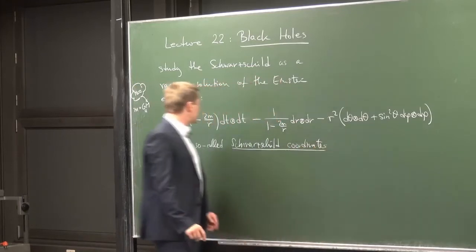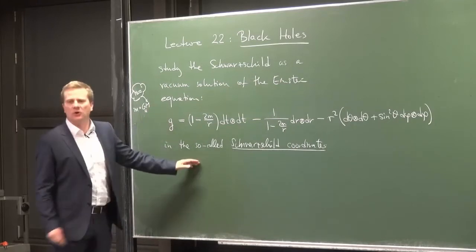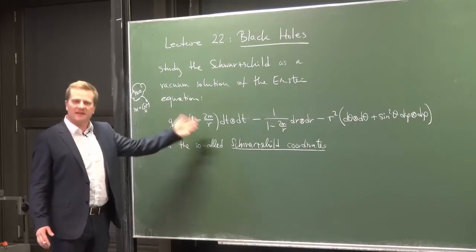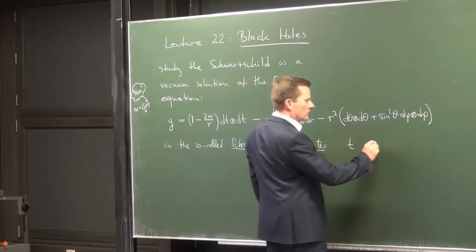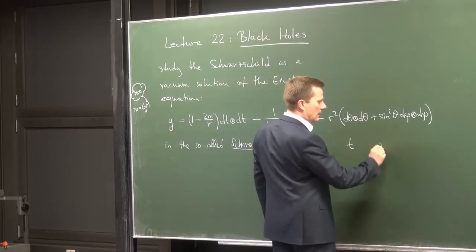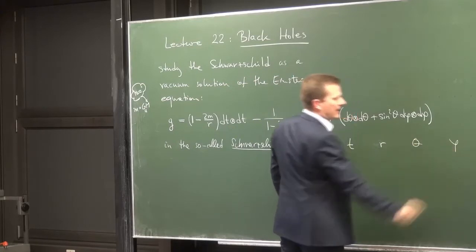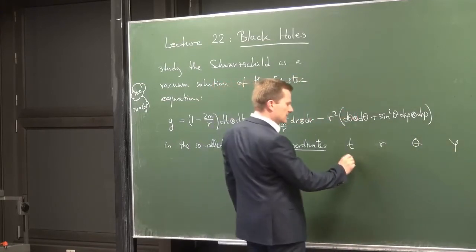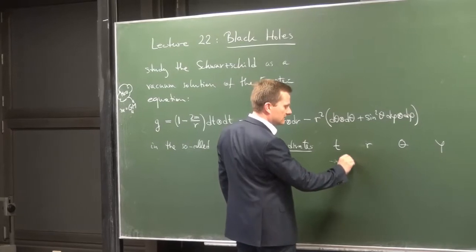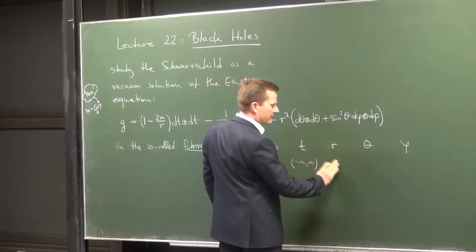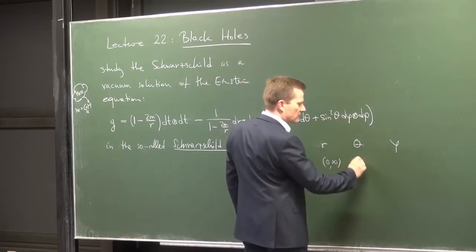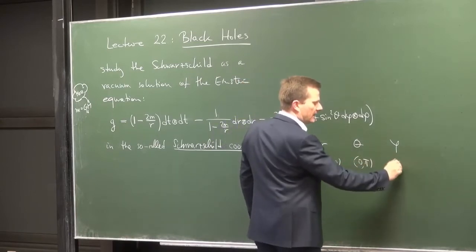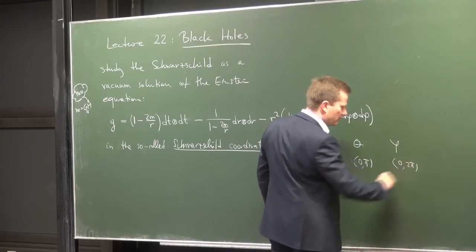Of course, you could express the Schwarzschild metric in non-Schwarzschild coordinates, but here it is expressed in Schwarzschild coordinates t, r, theta, and phi. And t can take values from minus infinity to infinity, r from 0 to infinity, theta from 0 to pi, and phi from 0 to 2 pi.